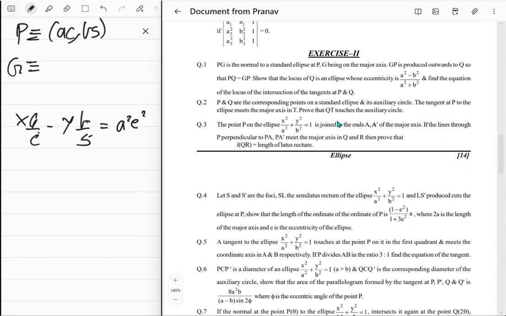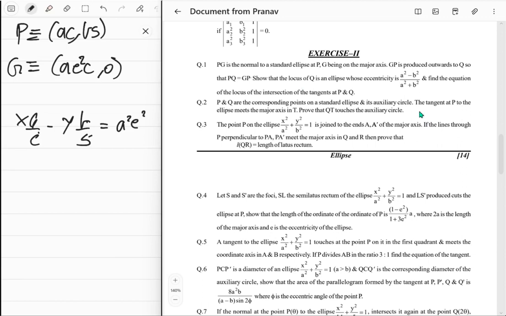So whenever y is 0, x just becomes a e squared times cosine theta. It must be a squared minus b squared, that's a squared e squared. So that's what G is going to be, a e squared cosine theta comma 0.